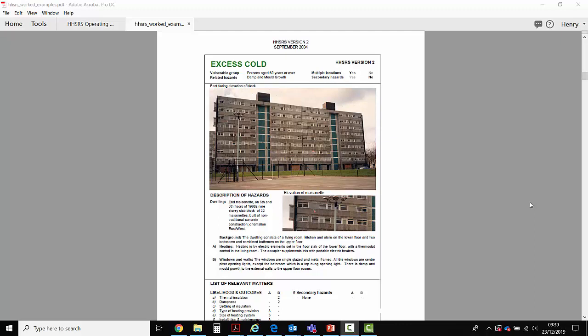HHSRS surveyors have collectively scored some new worked examples, and they have decided what are acceptable likelihoods and harm outcomes. And so when they've done this, they have come up with some new worked examples which are accepted for use by working professionals.